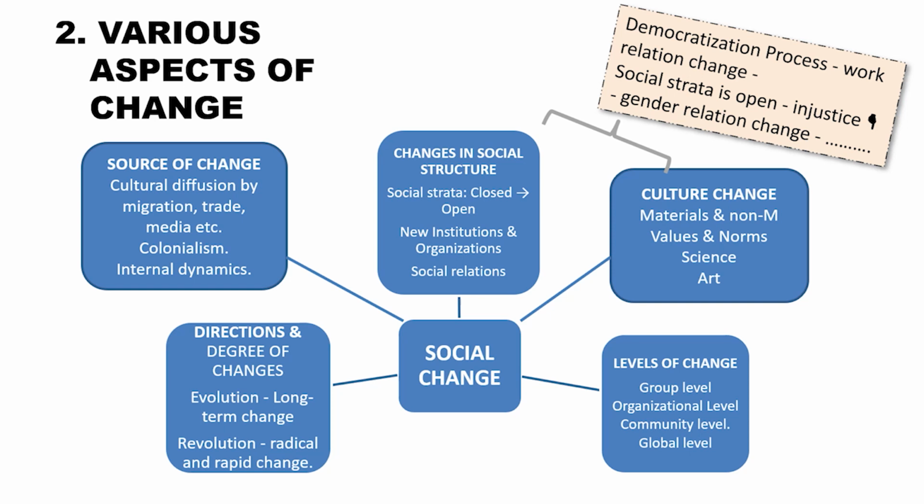Change can also happen on the community level, on the society level. For example, this is what we call the internal dynamic, changes in the internal dynamic of a society. But changes can also happen on the global level.